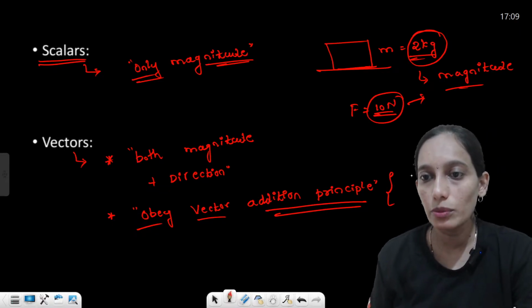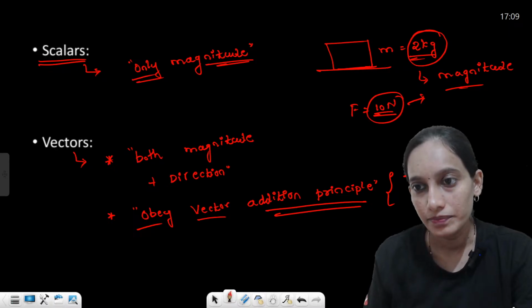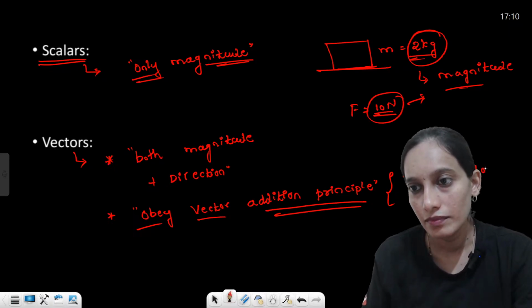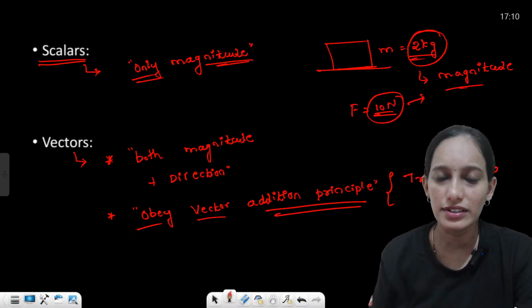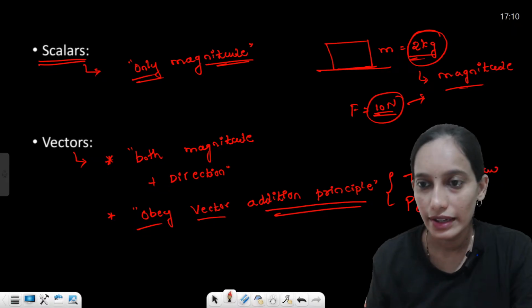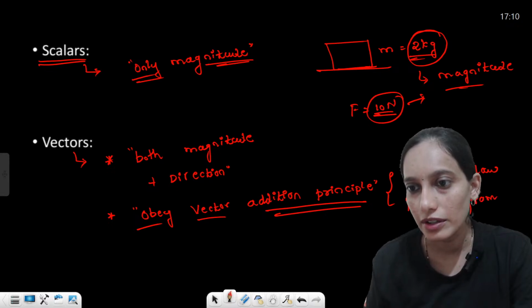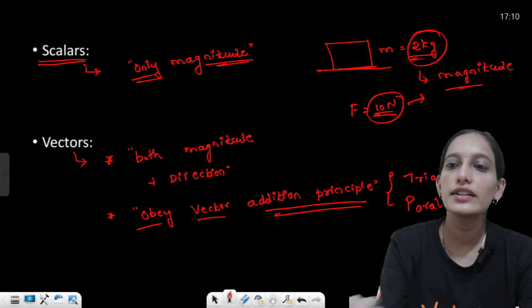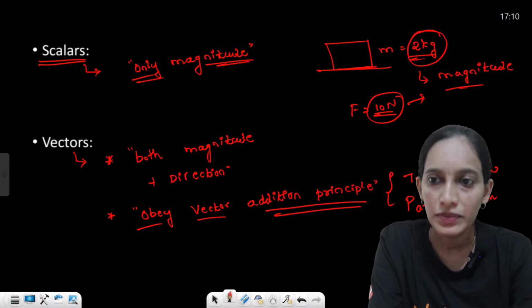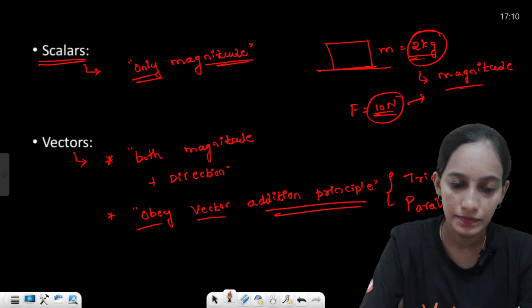There are two rules: the triangle law of vector addition, or the parallelogram law of vector addition. You are going to learn these ahead. Is it clear till here?